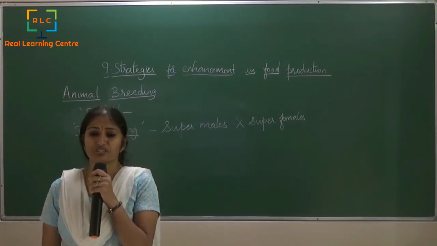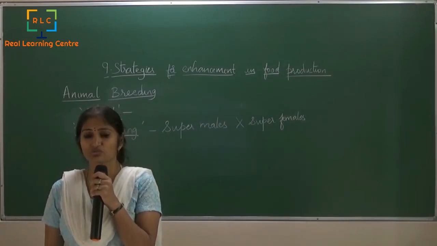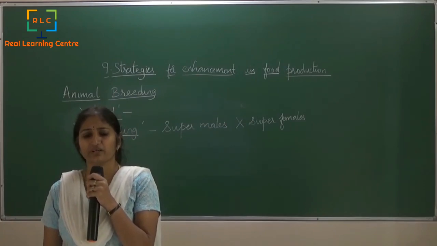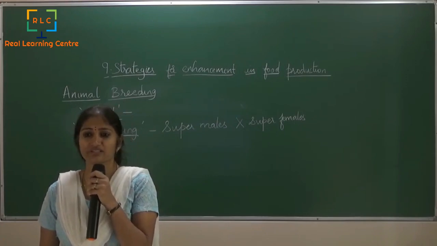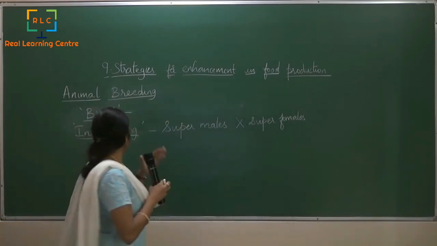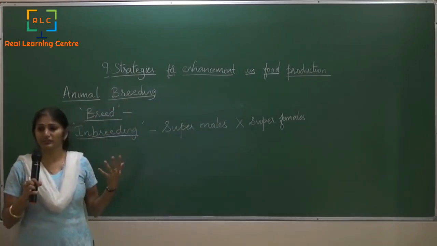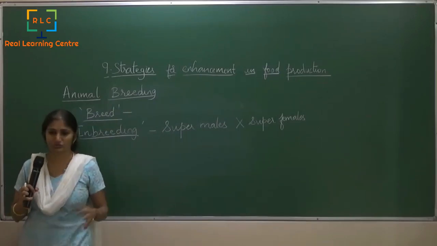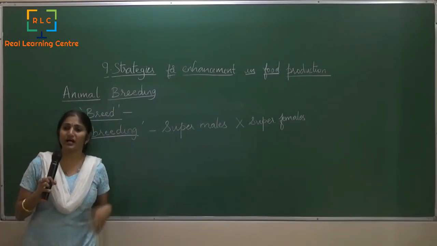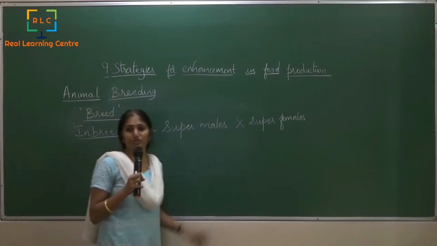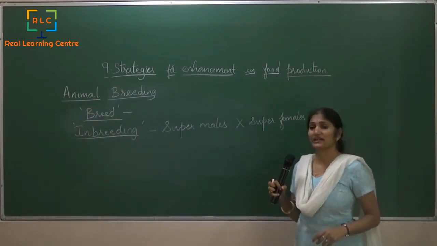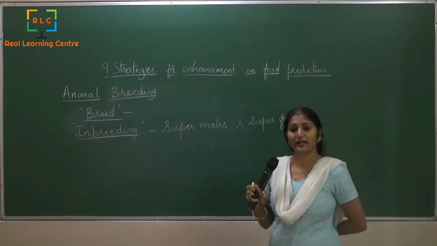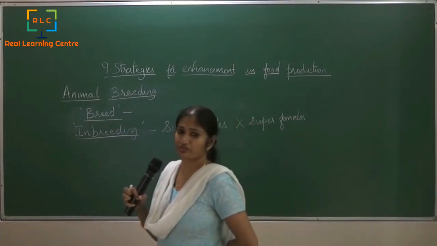They are considered to be super males and super females mainly because their reproductive ability is higher. That is all it means. It has nothing to do with the breeding techniques or number of chromosomes and all that. They have a high reproductive ability. So you identify such animals, the super males and the super females, and they are mated in pairs.